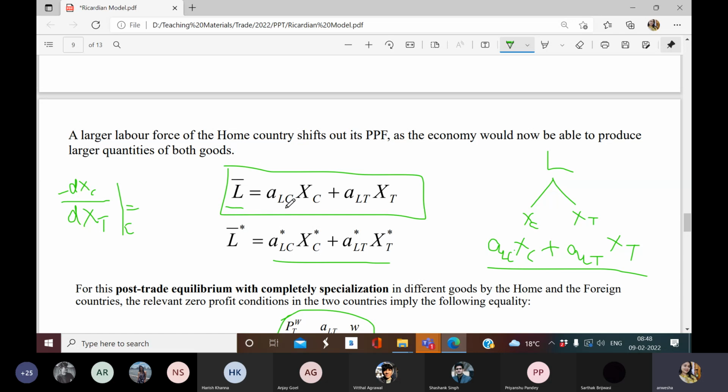On the right hand side, you have aLC dXC plus aLT dXT. Now what do you think will be the value of daLJ? You have fixed coefficient production technology.